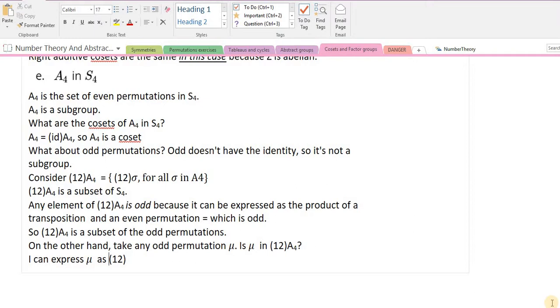Mu equals (1 2), but mu is equal to (1 2) times what? Mu is in S4. Well, it has to be a specific element, a specific permutation.